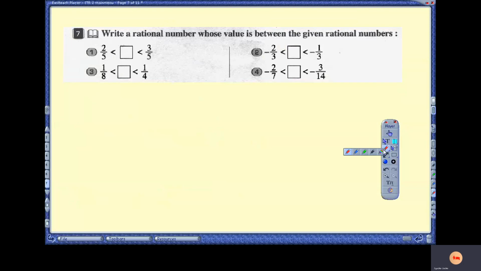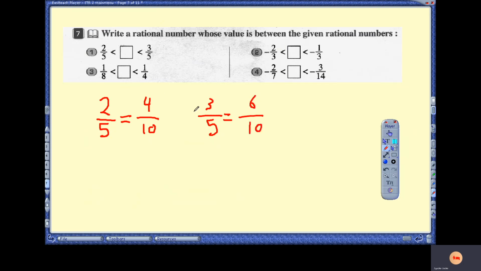To find a rational number between 2/5 and 3/5, you can multiply 2/5 by 2 for denominator and numerator. It will be 4 over 10. And 3/5 is the same, multiplied by 2, you will get 6 over 10. The rational number between 4 over 10 and 6 over 10 is 5 over 10. So here write 5 over 10.